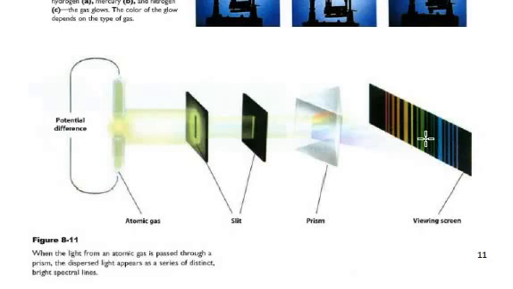Actually, those colors should be continuous, with no space between them. But those black lines between the colors show the identity of the gas that we use inside this tube. Every gas has its own color distribution and its own black lines between them. Those black lines are the identity of the gas that we are using.